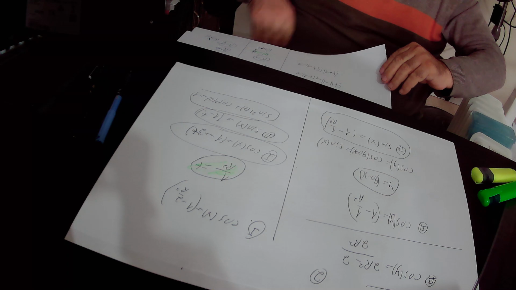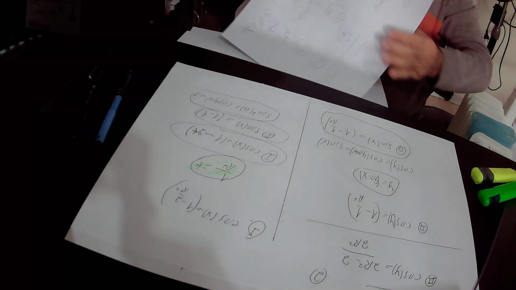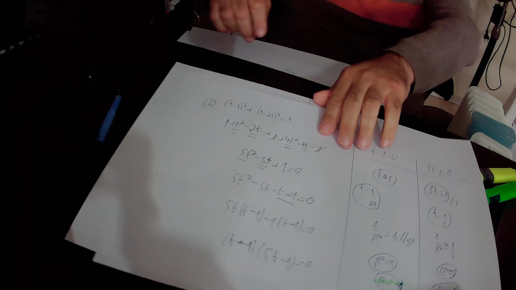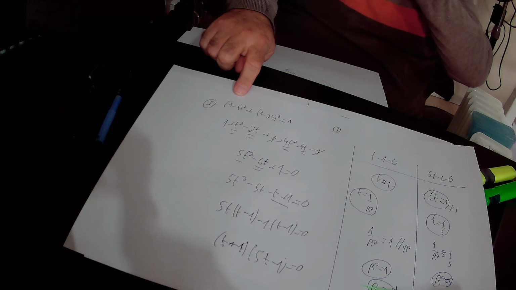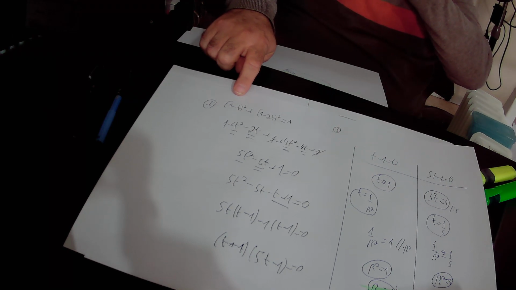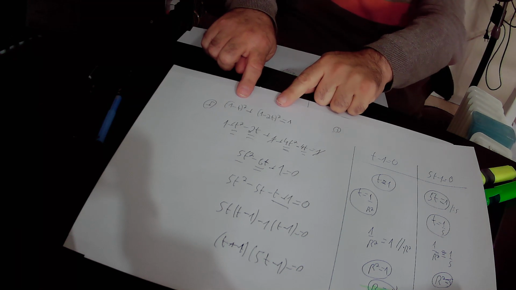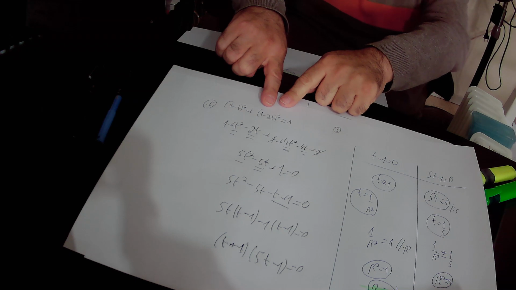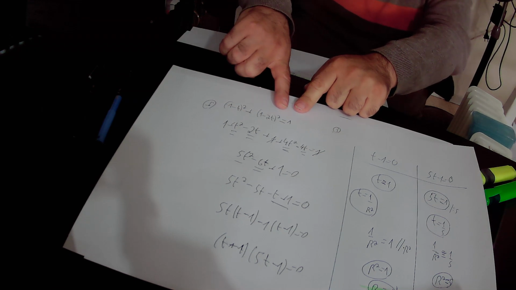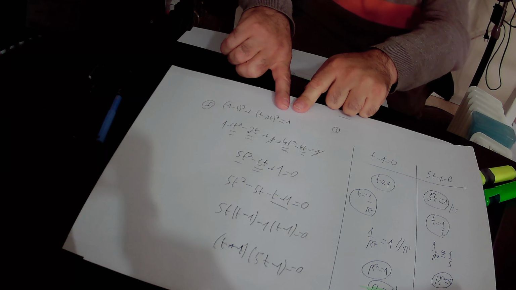Okay, so here sine squared x is (1 minus t) squared plus cosine squared x is (1 minus 2t) squared, and it must be equal to 1 according to the trigonometric identity.